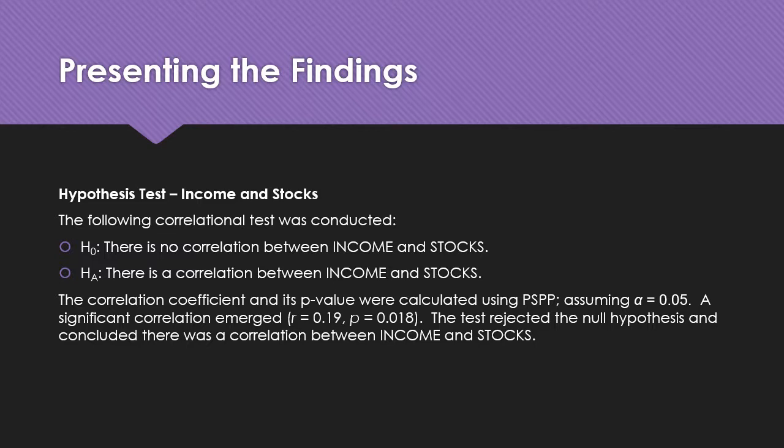And from this we can tell the R value is 0.19 and our p-value is 0.018, which again is less than 0.05, less than our alpha, which allows us to reject the null hypothesis based on our p-value being less than alpha. And we can conclude that there was a correlation between income and stocks.